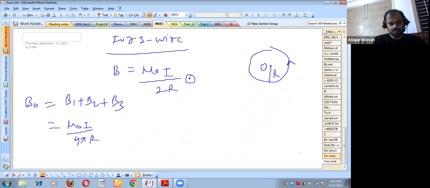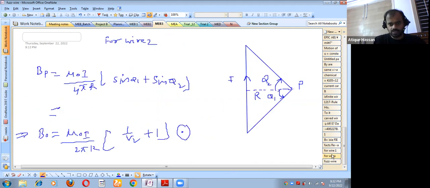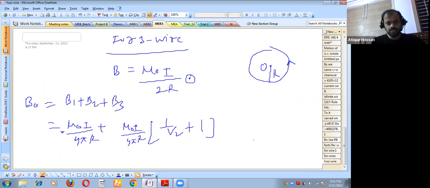Due to the second wire, I am also putting a minus sign since it is inward, and it was mu naught I by 4 pi r times 1 by root 2 plus 1. It was 4 pi r, right? By mistake we had taken 2 pi r. It should be 4 pi r. And due to the third wire, it is mu naught I by 2r.